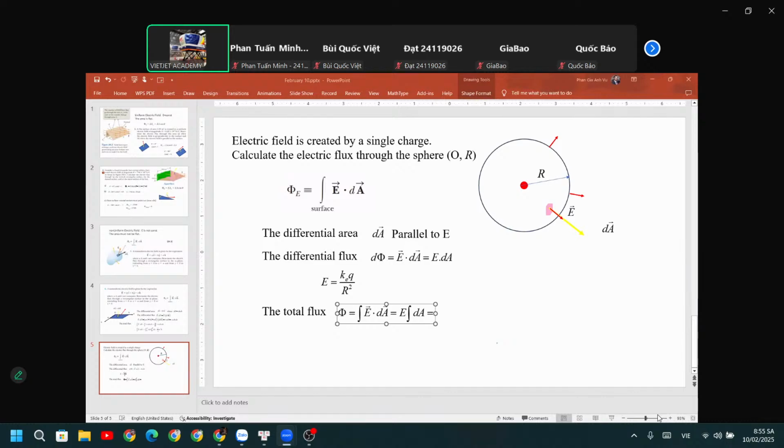Again, I substitute the value of E: KE Q over R squared multiplied with 4 pi R squared.